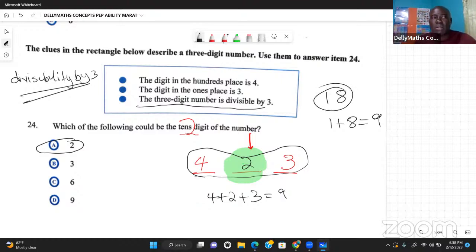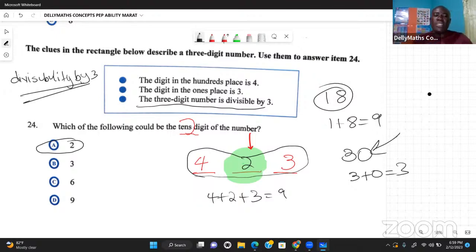Let's try another number that you know it could go into. 30. We know that 3 can go into 30. So let us now check divisibility by 3. 3 plus 0 gives 3. Can 3 go into 3?